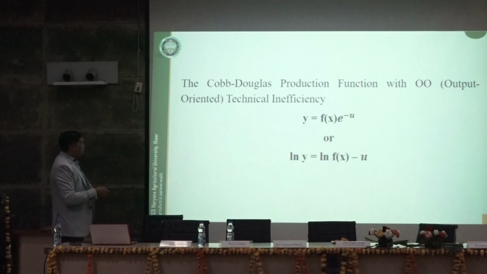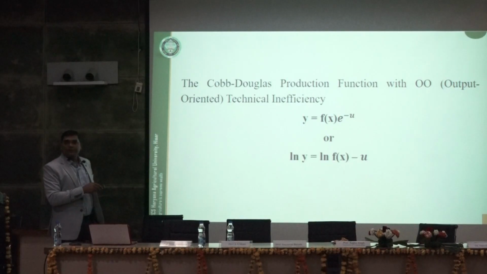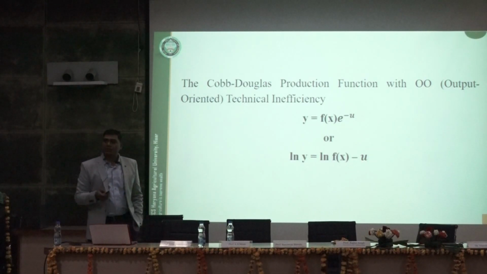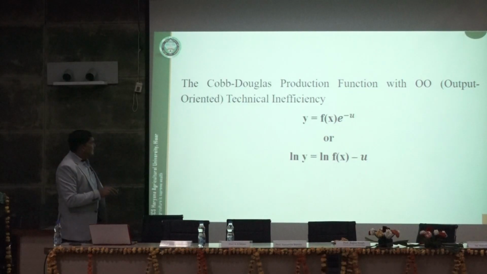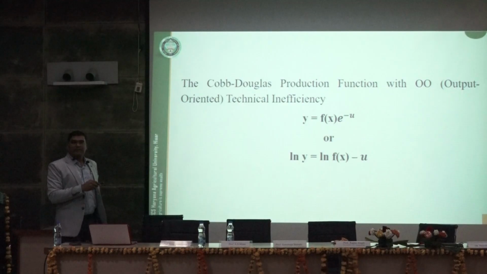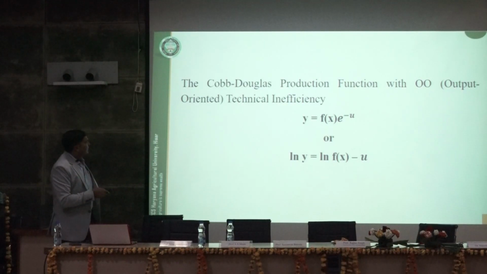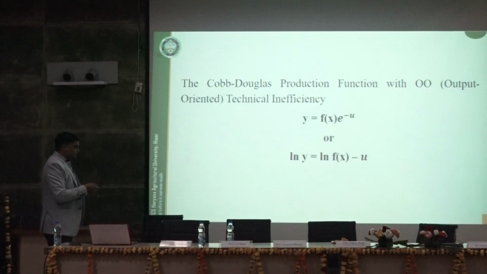And this is the functional form of the Cobb-Douglas function with output-oriented inefficiency. There are two types of inefficiency, output oriented or input oriented. So this is the form of the Cobb-Douglas function in case of output-oriented inefficiency.